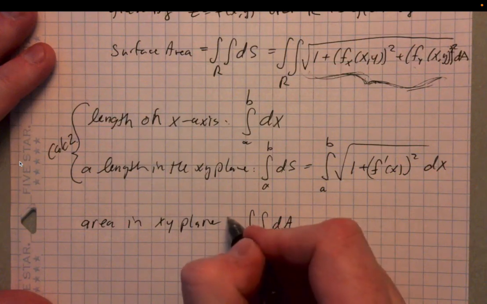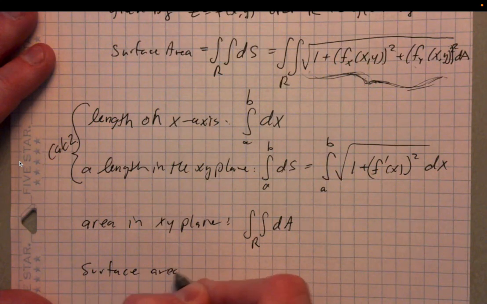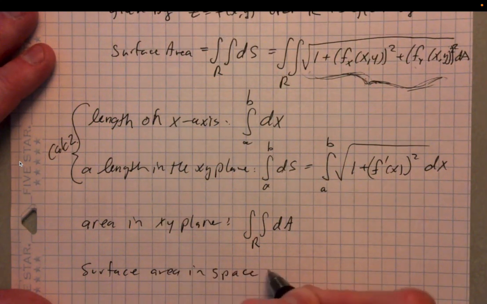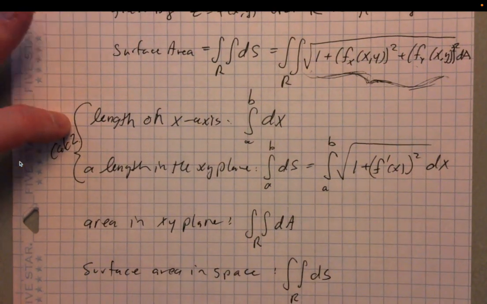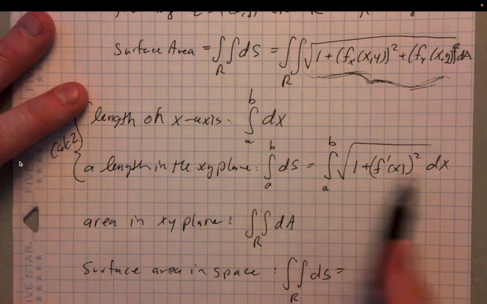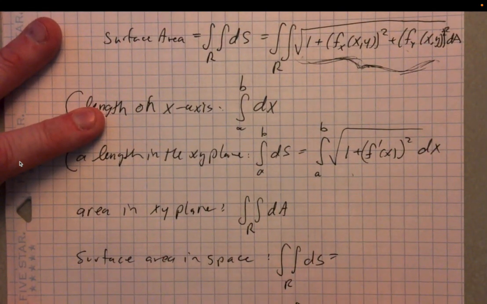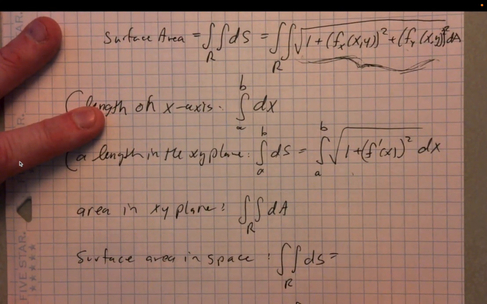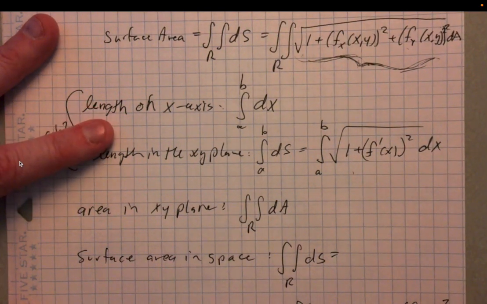And that can be extended to the surface area in space, which is the double integral of ds. It has a similar formulation to what we see here. It's equal to the double integral over R of the square root of 1 plus f sub x of (x, y) squared plus f sub y of (x, y) squared, dA.